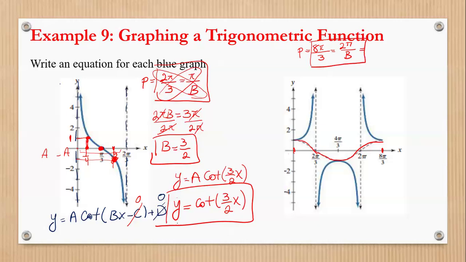If you do the cross multiplying, you can see that the b must be equal to 6 over 8, which is 3 over 4. Okay, I have the b.